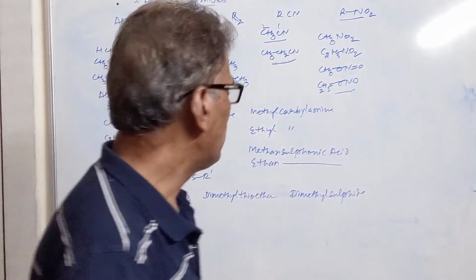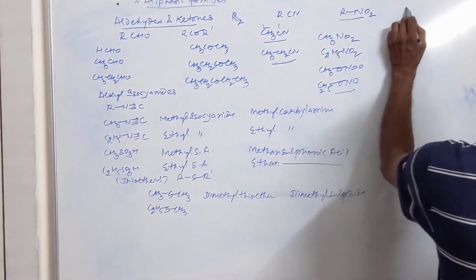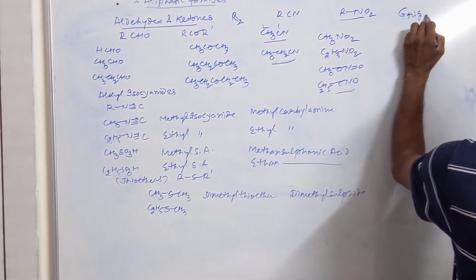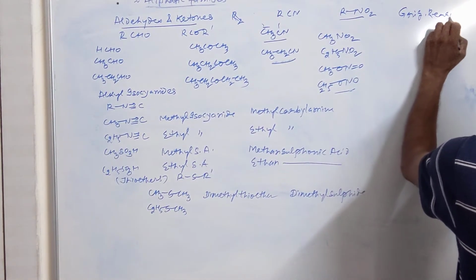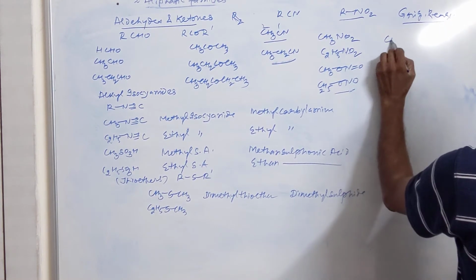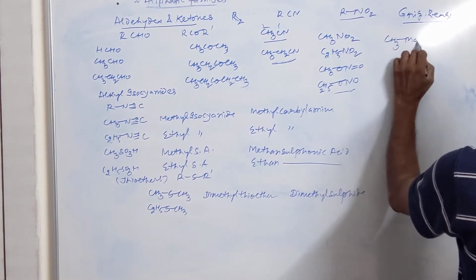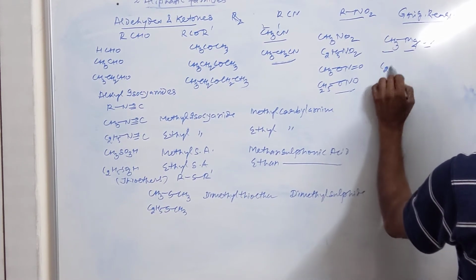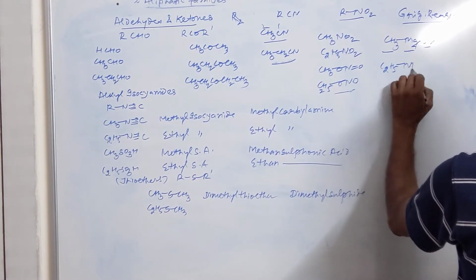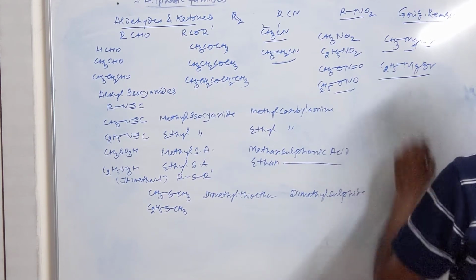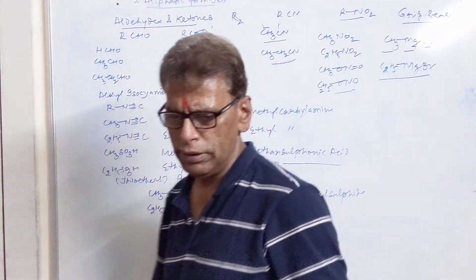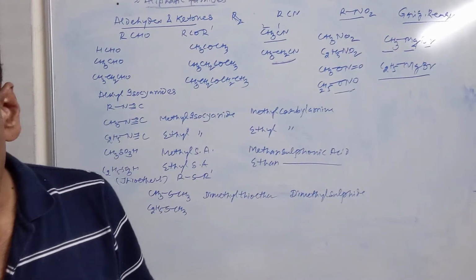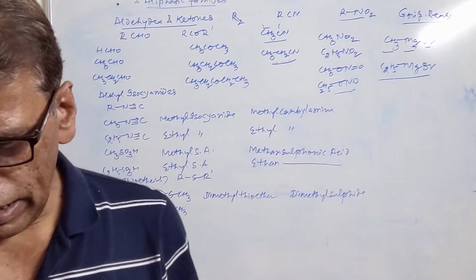So then we have Grignard reagent. Grignard reagent is used in the synthesis of compounds. This is CH3MgBr, methyl magnesium bromide. If we have C2H5MgBr, it is ethyl magnesium bromide. So this is all about the naming of the aliphatic system.